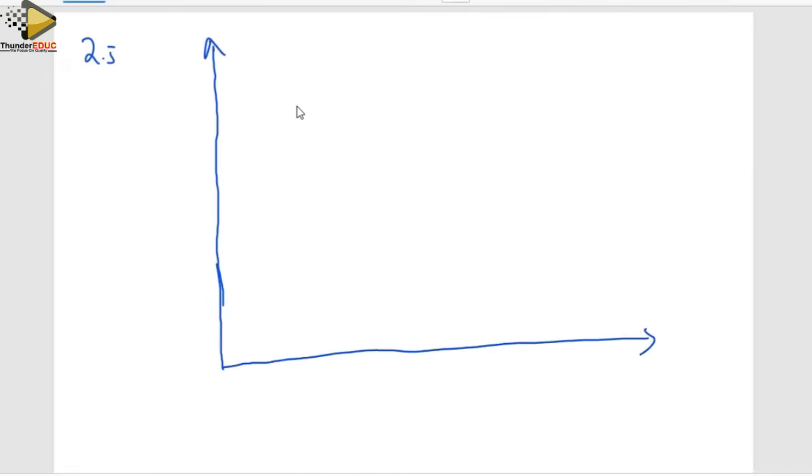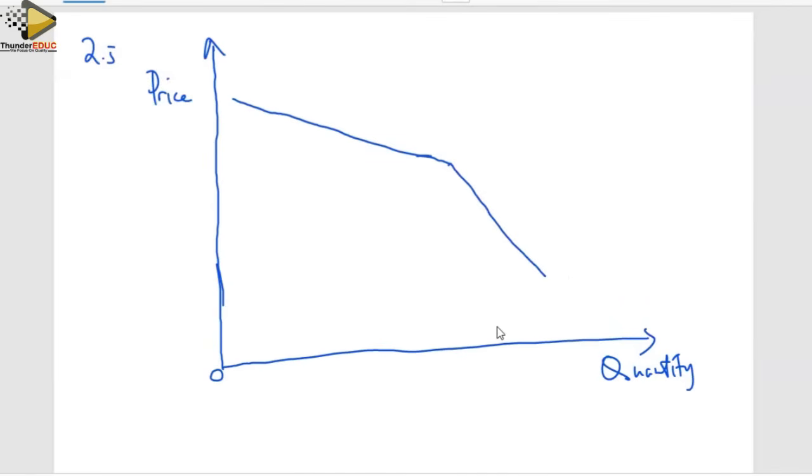This is our price, and this is our quantity, and this is our origin 0. We are saying our demand curve is relatively elastic. It reaches a kink, and then it becomes inelastic. That is the kinked demand curve.